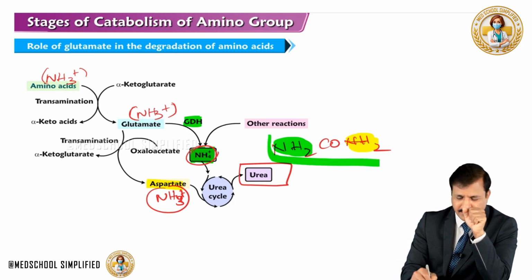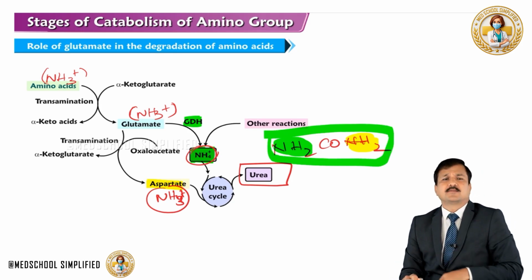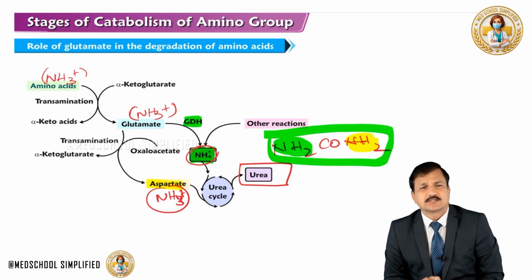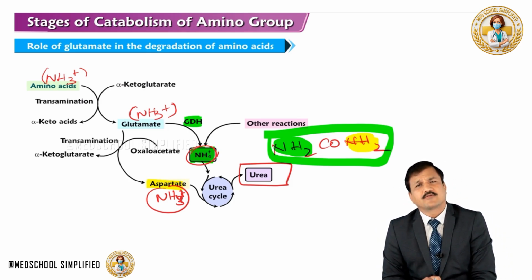So that's how urea is made, by using two nitrogens coming from two glutamates, and those two glutamates are coming from transamination of all other amino acids.